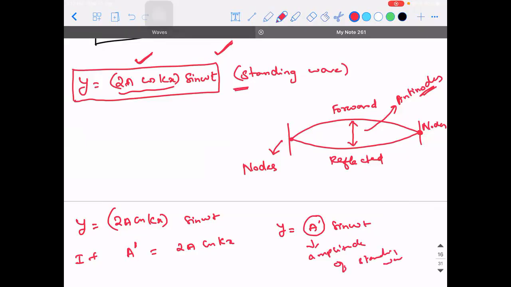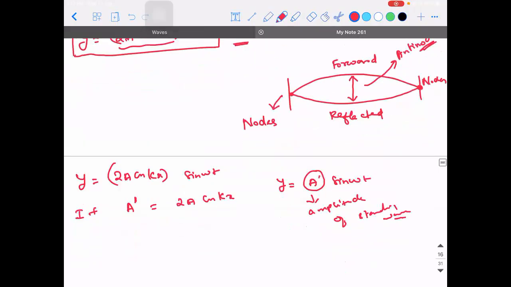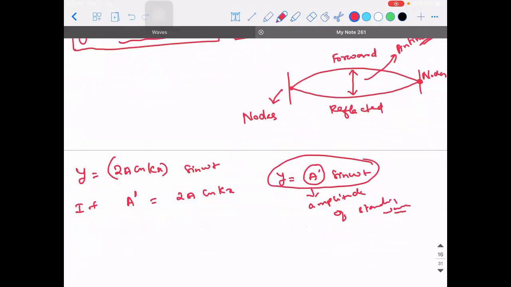Is it not looking similar to a simple harmonic motion? This equation is similar to simple harmonic motion, except that in simple harmonic motion the amplitude is a constant, whereas in a standing wave the amplitude is not constant. It changes with distance because it depends on x, where x is the distance from the starting point. Am I clear till this point, guys?